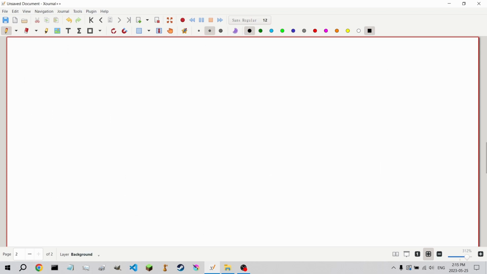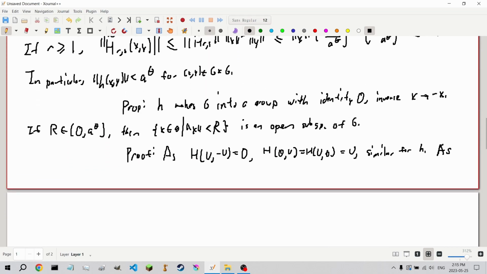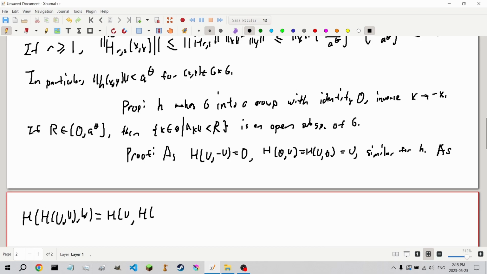So we'll go to a new page. H of u comma v comma w is equal to h of u on h of v comma w, and L hat of u v w.